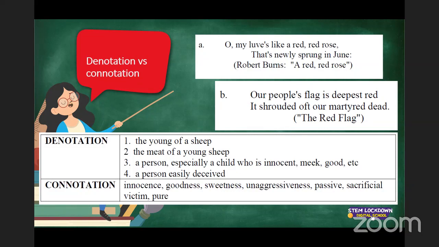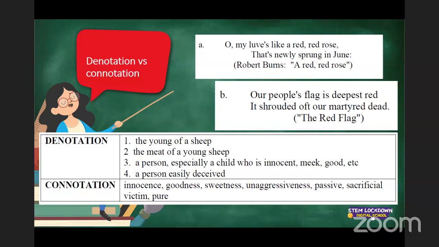Also, if we look at connotation, that would be the connotations of words or ideas, qualities or references that are generally associated with that word.